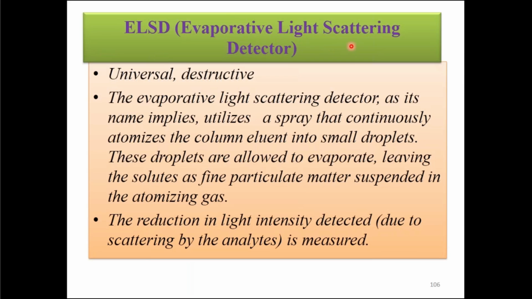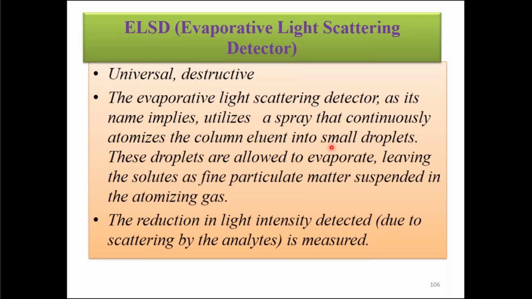ELSD, or evaporative light scattering detector, is also universal. It is destructive, so this is not that desirable, but it is very useful, being highly sensitive. The evaporative light scattering detector, as its name implies, utilizes a spray that continuously atomizes the column eluent into small droplets.